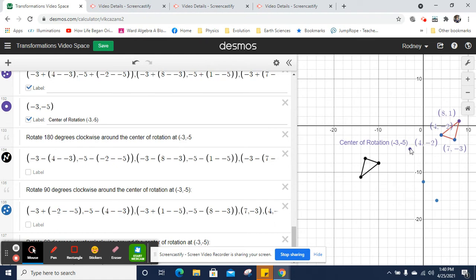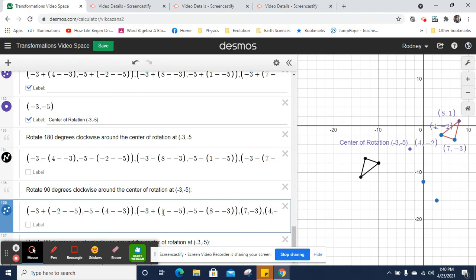Now I'm down 11 instead of to the right 11. And from -3 to +3, I am to the right 6 instead of up 6. So it is easy to lose track of which is which. But when you're suspicious, take a step back and take a look. All right, so I now have my second point of my triangle.